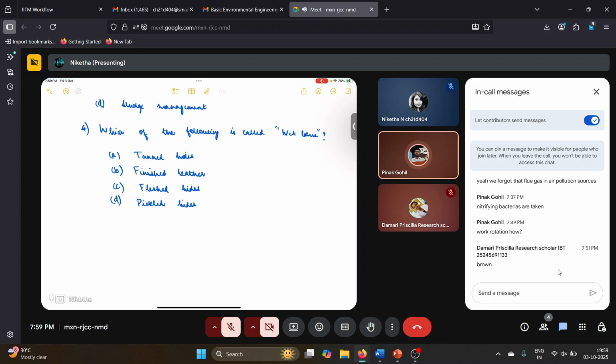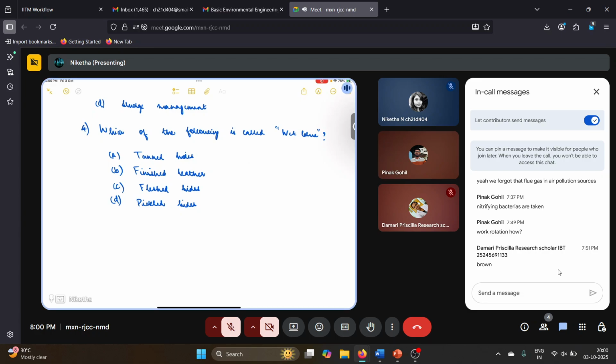Can you please read the options? The first one is tanned hides, second one is finished leather, third one is fleshed hide, and the last one is pickled hide. Hide is nothing but animal skin that has been cut and harvested. So wet blue means which of the following? I think the answer is either A or D. I think D is the answer.